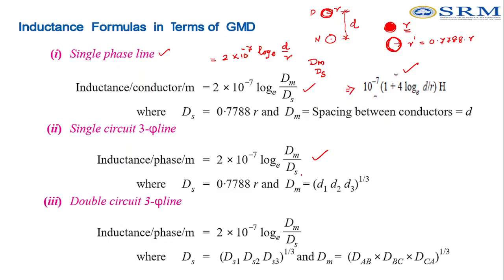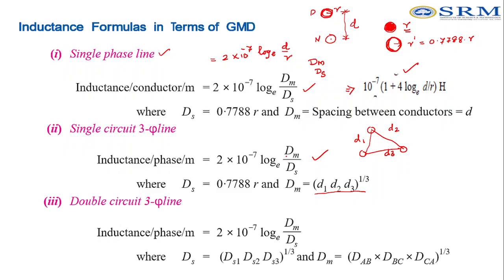But in order to calculate dm, there is a formula: dm equal to (d1 d2 d3) whole power 1 by 3. So dm is the mutual distance between conductors. If we take three conductors like this, I can take the distances as d1, d2 and d3, and I need to find the equilateral distance between the conductors.